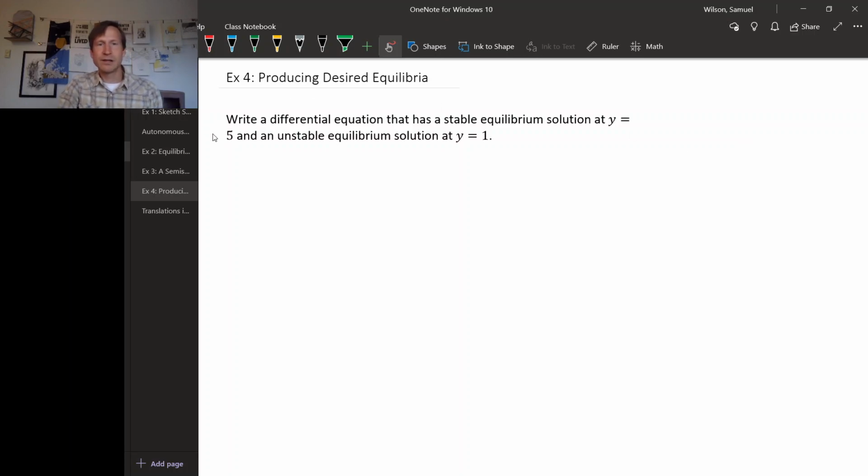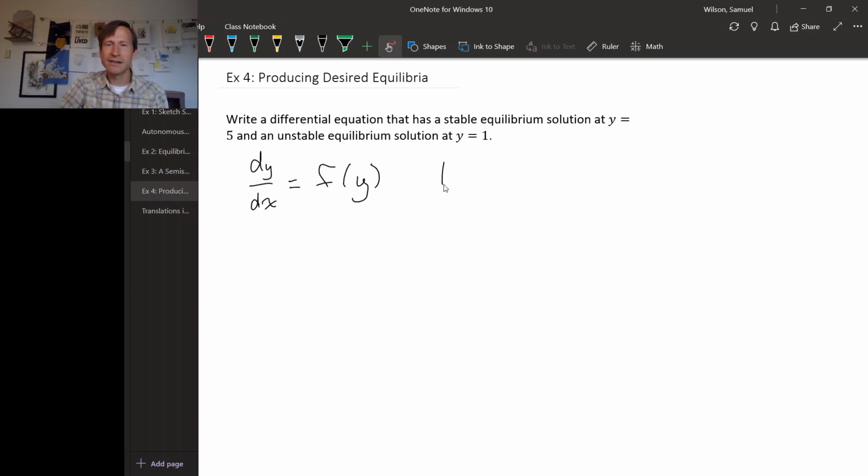So let's write a differential equation that has a stable equilibrium at y equals 5 and an unstable equilibrium at y equals 1. So we're going to write a differential equation dy/dx equals f of y. I didn't say this, but we can insist that it be an autonomous differential equation.